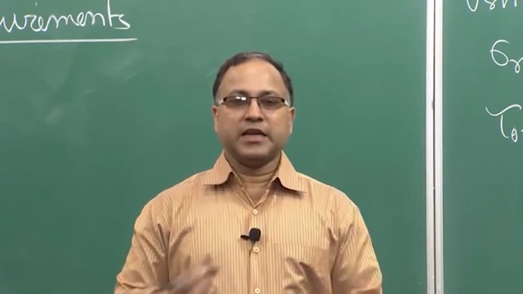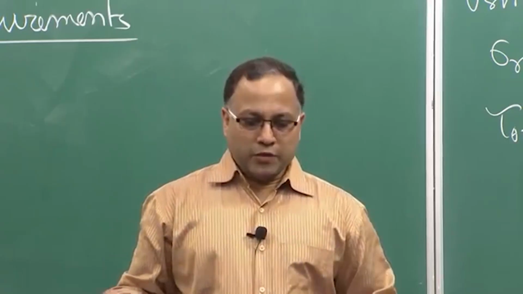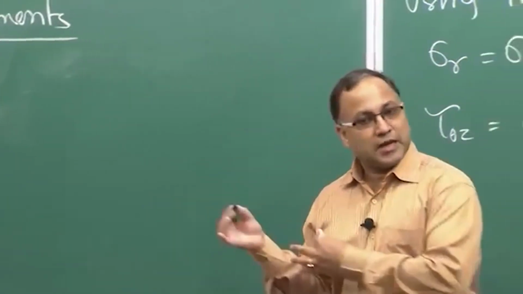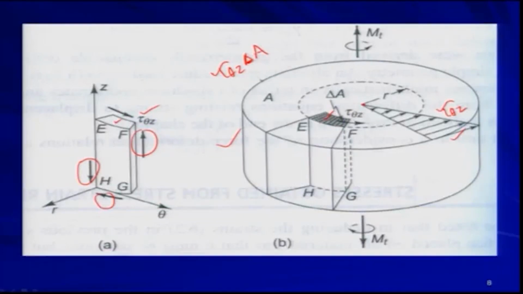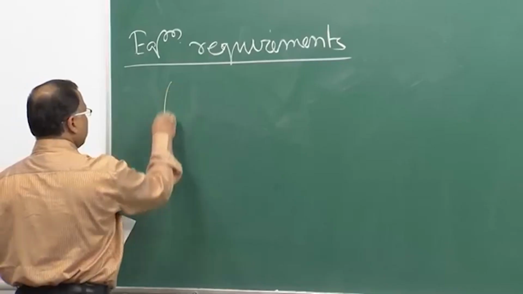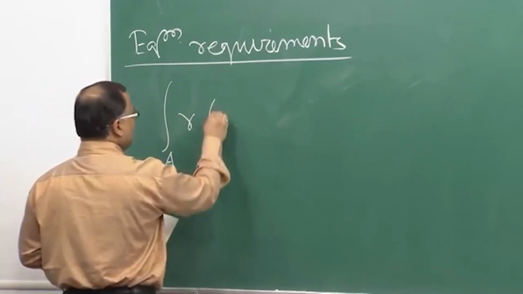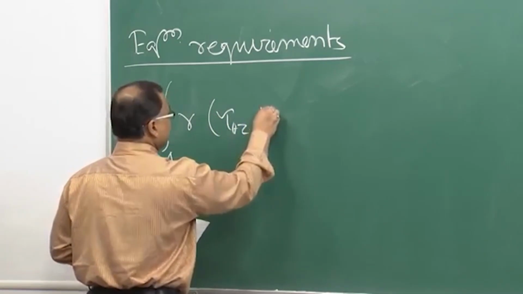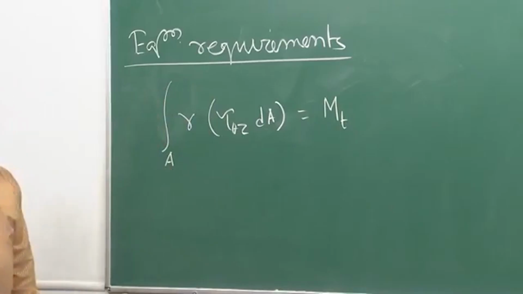This shear stress is getting developed due to the application of the external moment Mt. So, if you do the integration over the whole area, whatever shear force you get will try to balance the externally applied twisting moment Mt. Considering the equilibrium, we can simply write, over the whole area A, integral of r into tau theta z dA is equal to Mt. Agreed?